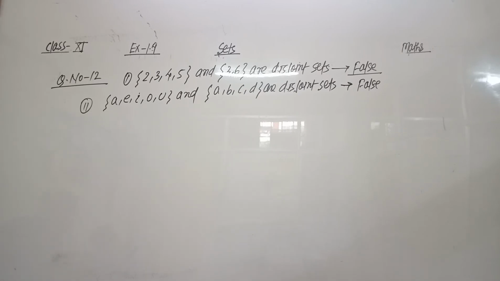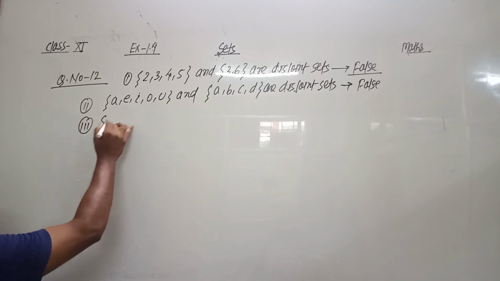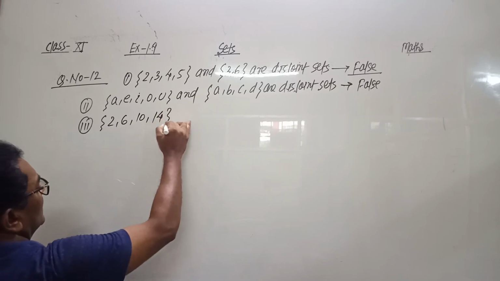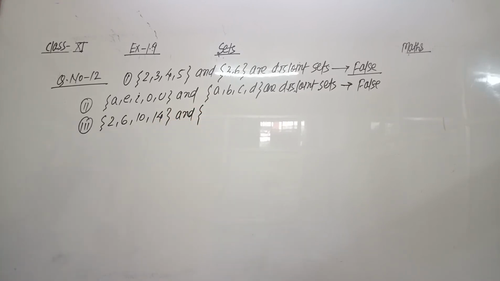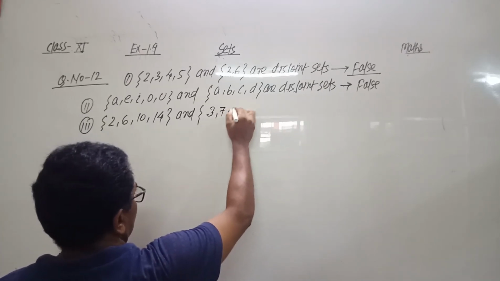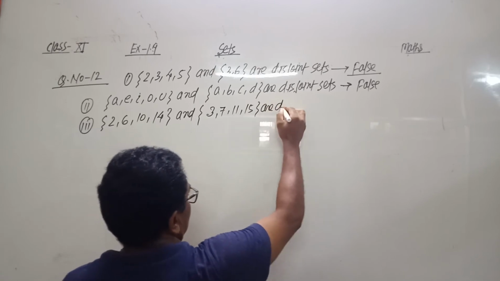Next, {2, 6, 10, 14} and another set {3, 7, 11, 15} are disjoint sets.